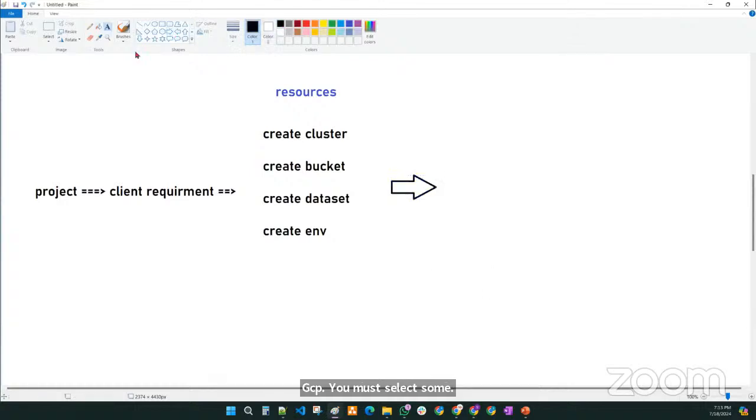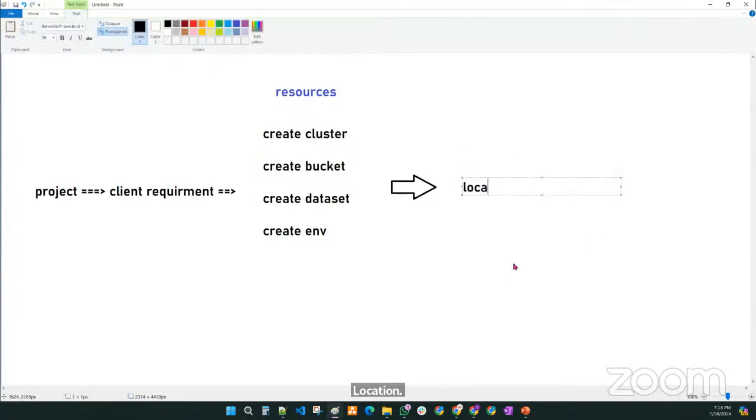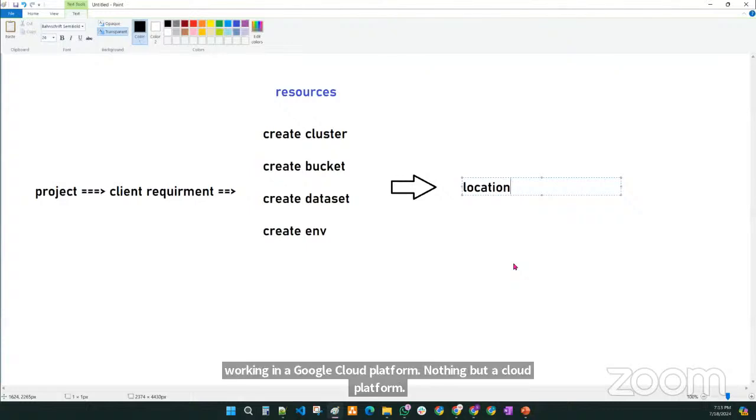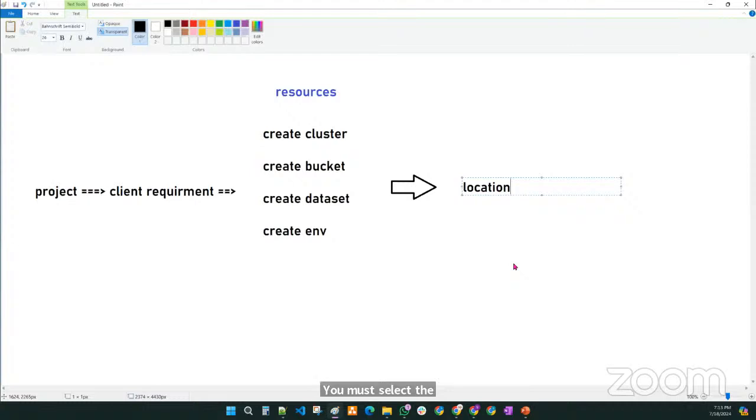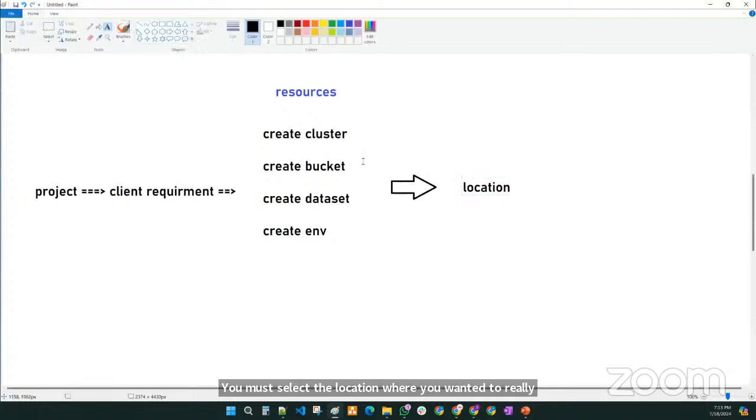location. You must select the location because you are working in Google Cloud Platform, nothing but a cloud platform, where you want to store your data. For example, while you are creating a bucket, the data that you are going to store inside the bucket has to be physically stored somewhere.